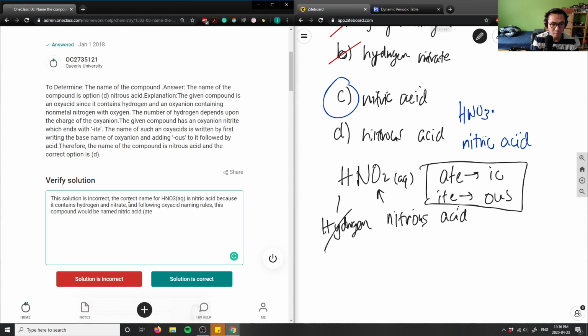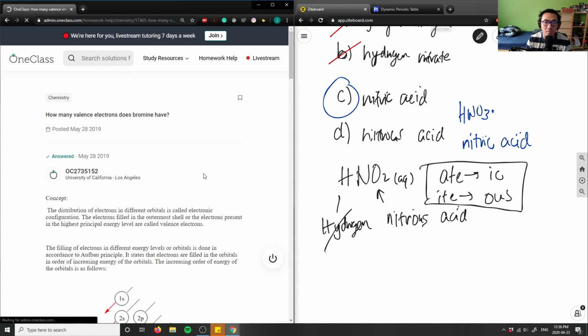Drop the hydrogen, ATE becomes IC, and add acid. So the solution here is incorrect.